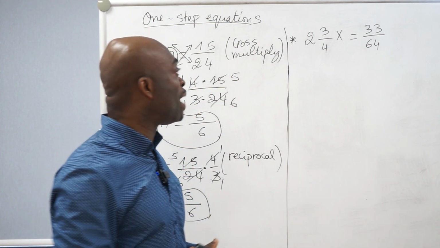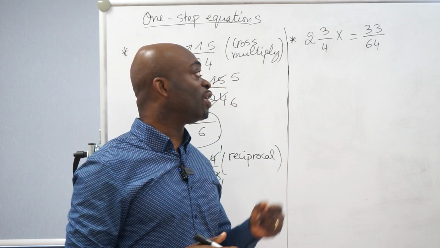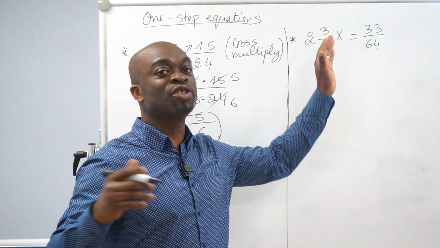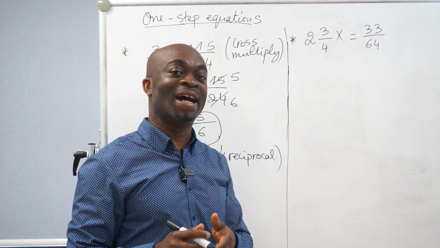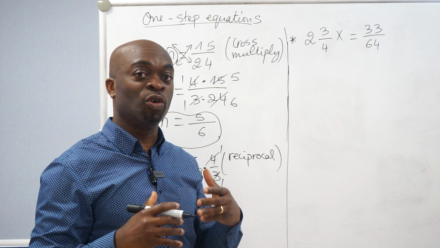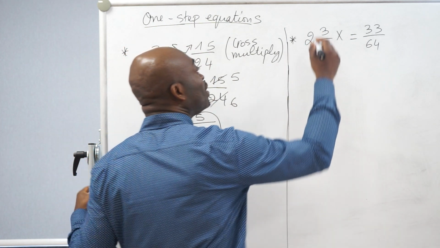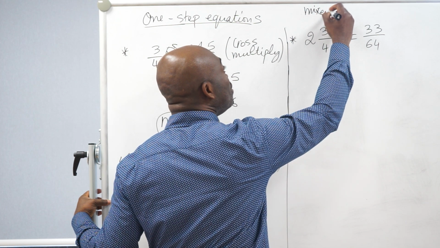So what is the problem here? We have 2 3/4 x equals 33 over 64. This is the kind of number that we call a mixed number. This is not 23 over 4. Let's clear that out. This is 2, which is the whole number, times 3/4 that we have there. We call it a mixed number.